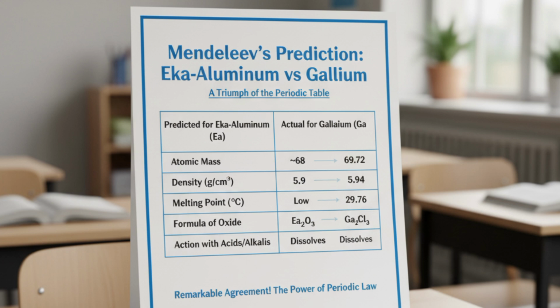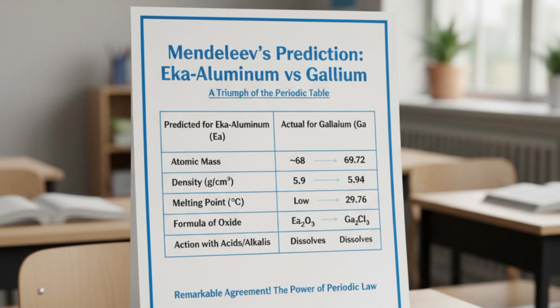Those are eka-aluminum and eka-silicon. Eka-aluminum is this time known as gallium. According to Mendeleev, eka-aluminum had the following predicted character. Predicted atomic weight is 68.